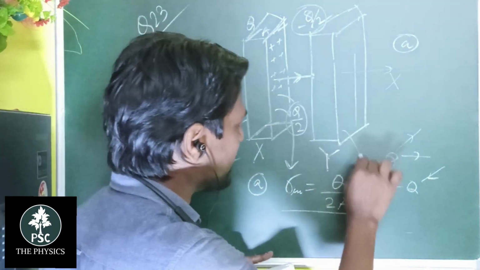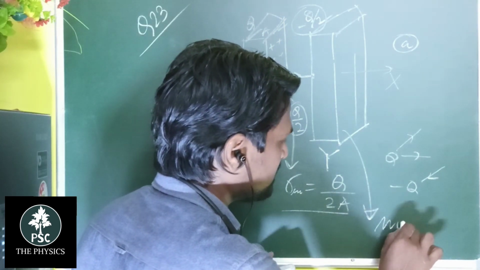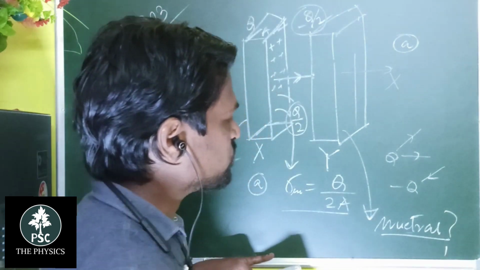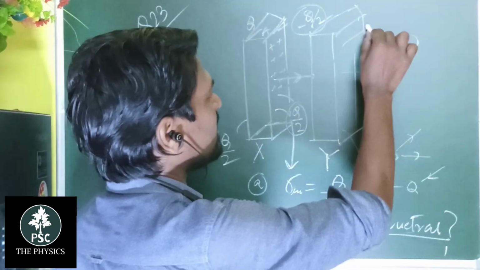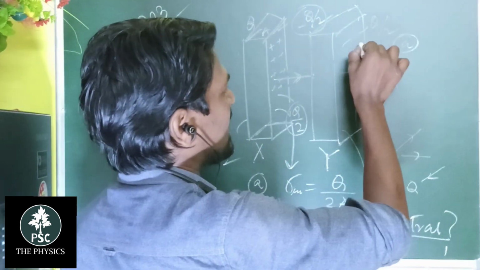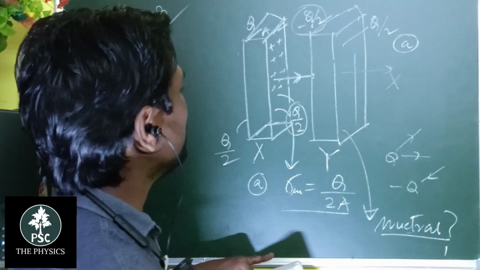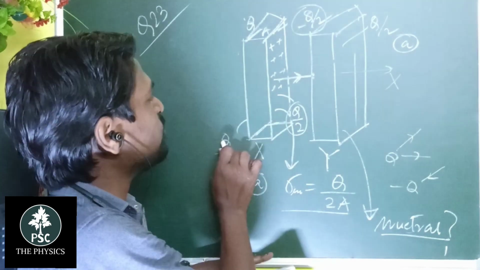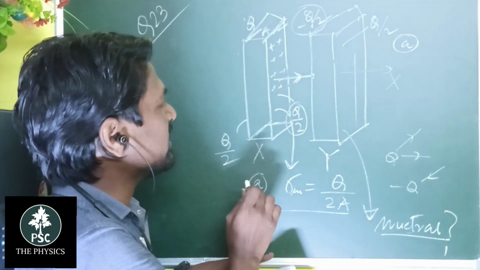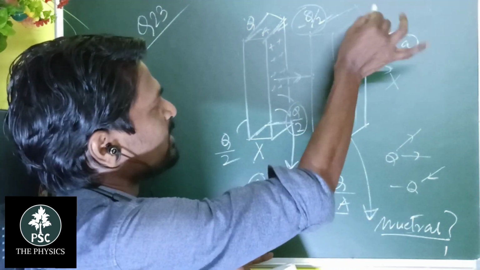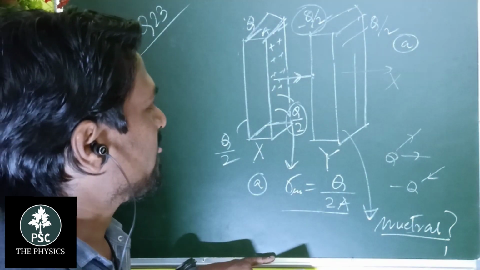But this plate is neutral, so it must have a plus Q by 2 at that surface. So the total amount of charge is 0. This is a positively charged plate with Q, but since this is an uncharged neutral plate, there is minus Q by 2 here and plus Q by 2 there.